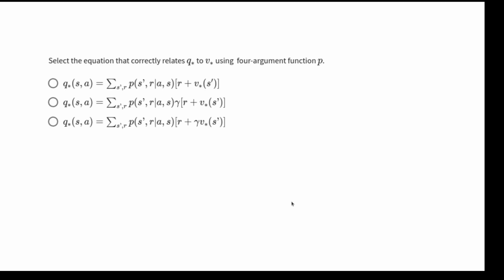So select the equation corresponding to Q star V star. Is it the same question? No, it is in a different form. So you have to find out what this Q star is in this theory, and then it may relate with the previous one. It's pretty easy. Just see where the gamma is, and from gamma itself you can distinguish. In the first equation there is no gamma, so it is not going to work. In the second equation there is a gamma, but it is with the immediate reward, so this again is not going to work. In the third one, gamma is at the appropriate place.